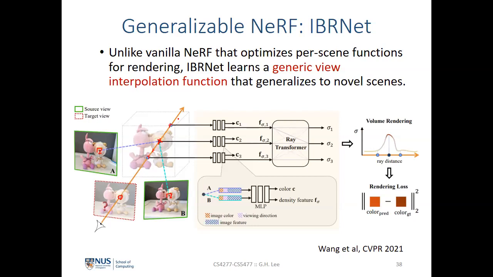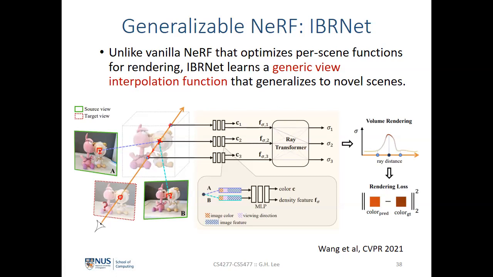We can aggregate this and put it into a ray transformer, such that the ray transformer will output the sigma over the different locations of the ray. The reason they put it through a ray transformer is that the opacity or the volume density across the same ray should be influencing each other.